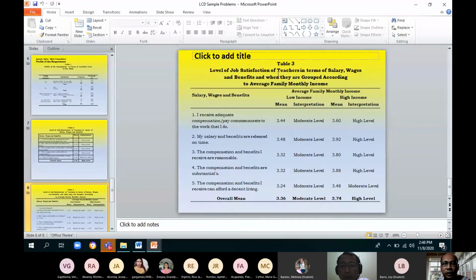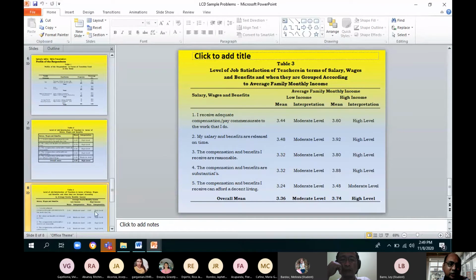But always remember that in our title must be inverted pyramid. So, meaning to say, ito na ang descriptive statistics. And then how to present this in your table. Then how to use this table.